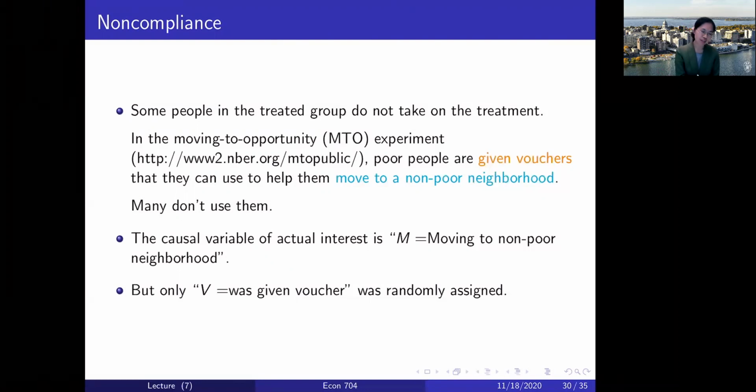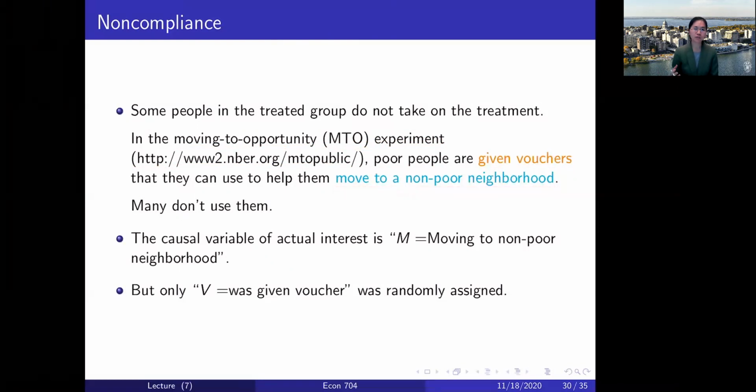For example, in the famous Moving to Opportunity experiment. By the way, for this experiment, there is data available on this website if you want to look at it. In the Moving to Opportunity experiment, poor people are given vouchers that they can use to help them move to a non-poor neighborhood.